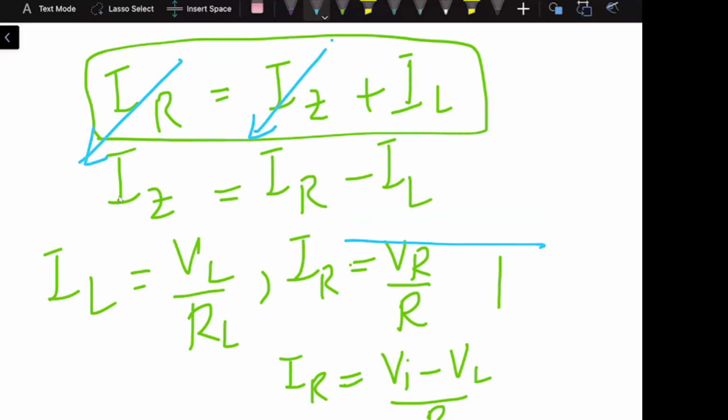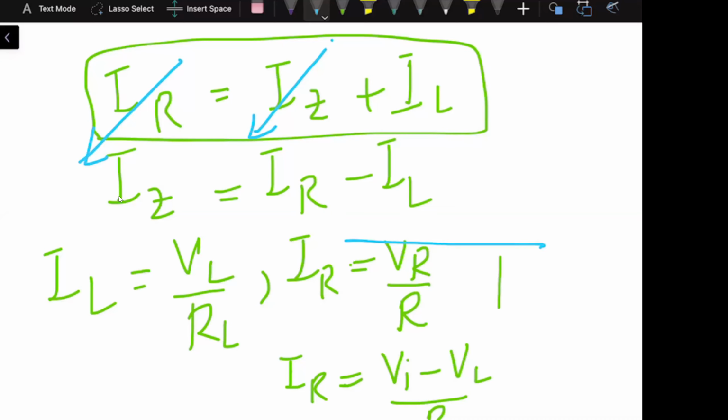And then there was a question: if VI and RL are both varied, then as long as the zener diode is kept in the on region, it will regulate the output voltage equal to VZ. But if, due to those variations, the zener diode is not kept in the on region, then there will be no regulation in the circuit.